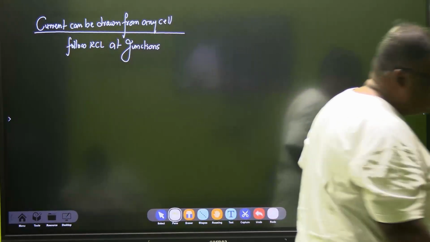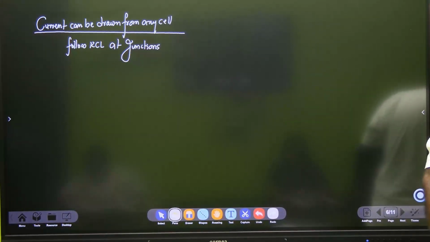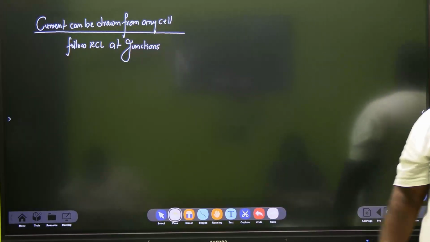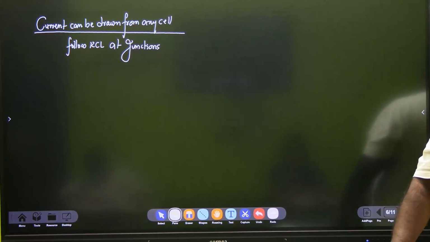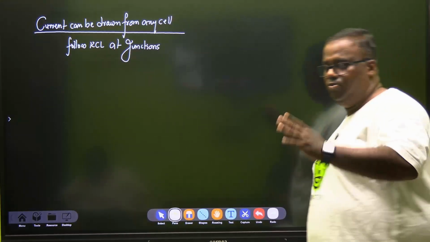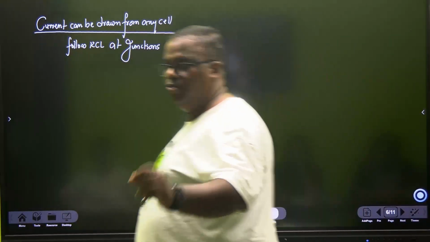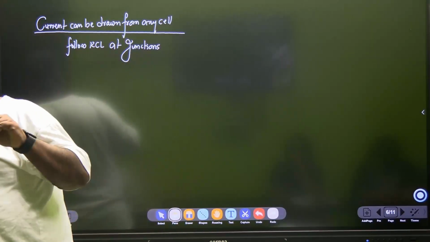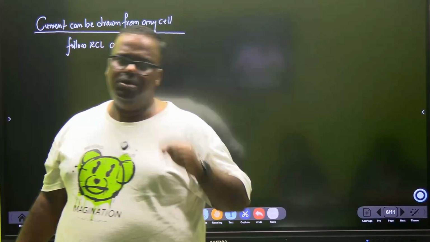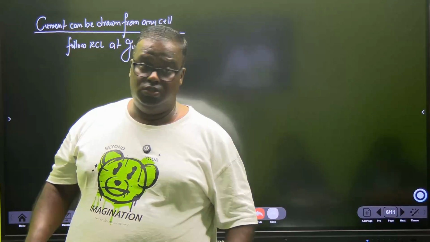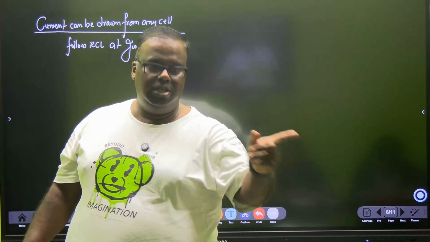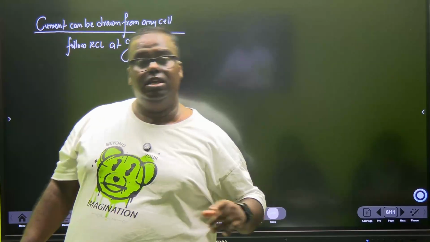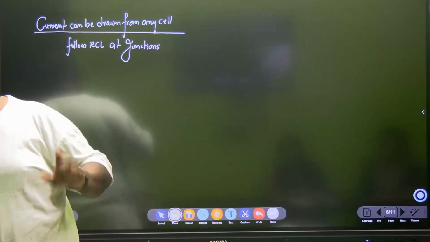Okay, children. Sometimes, say student A started traversing the loop anti-clockwise, and student B for the same problem is doing the loop clockwise. Nothing wrong. And while doing so, you both chose the same direction of current. That is not possible. Means in your clockwise, the current is moving clockwise. He is going anti-clockwise, and he has also chosen the current as clockwise only.